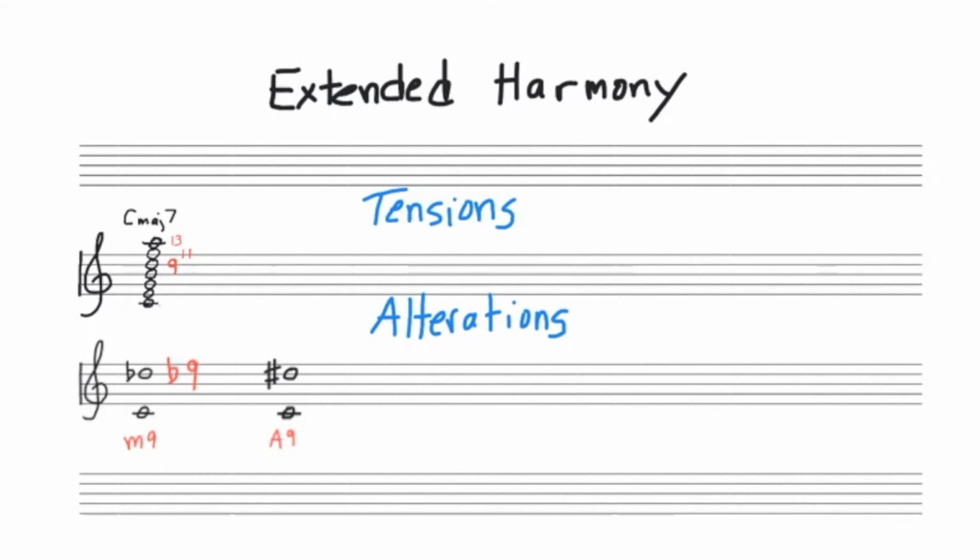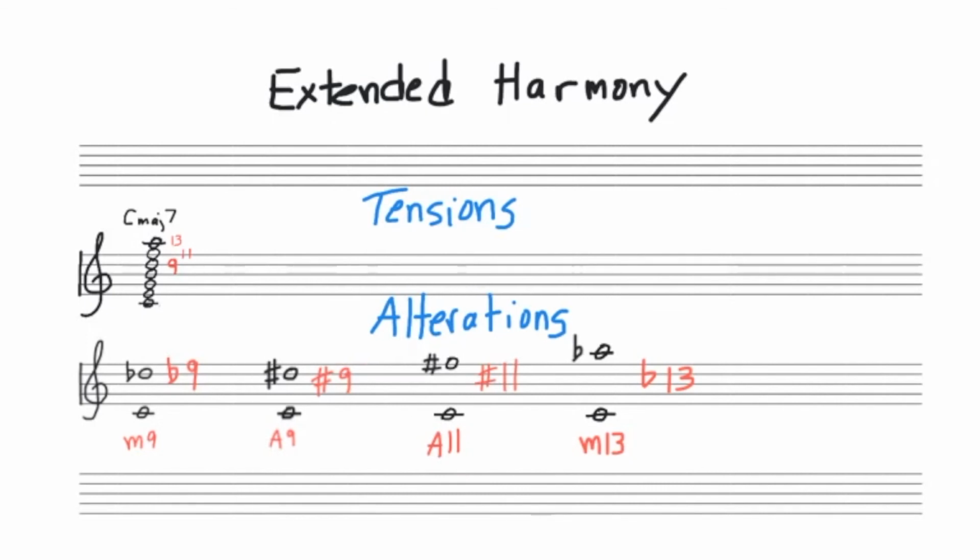In jazz, this is referred to as a sharp 9. For the 11, we can raise it by a half step. An augmented 11 would be the interval, but in jazz terminology, this is known as a sharp 11. The 13 can be lowered by a half step for the interval of a minor 13, which in jazz terminology is known as a flat 13.